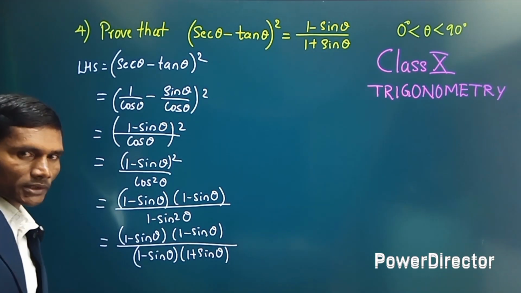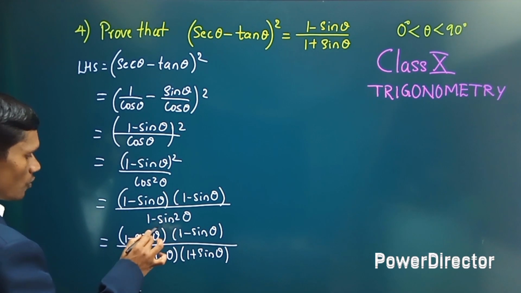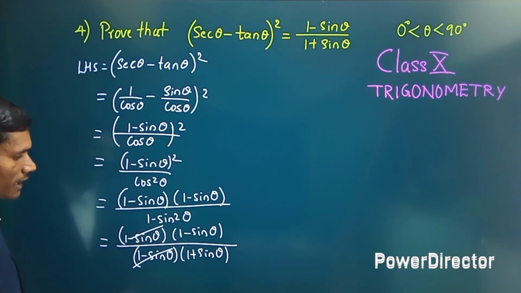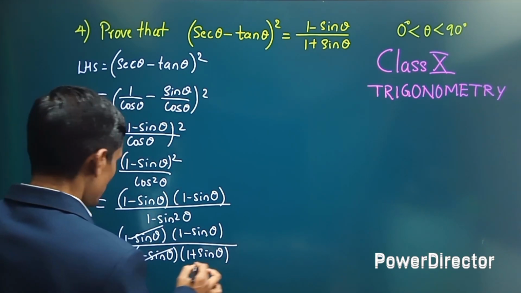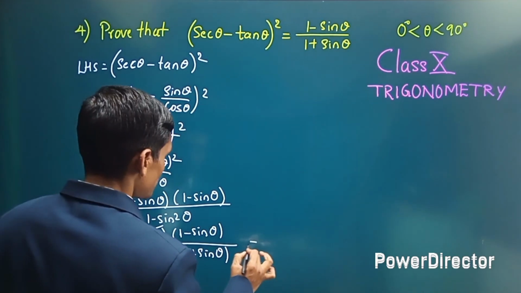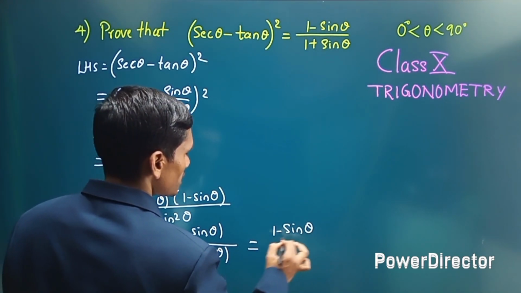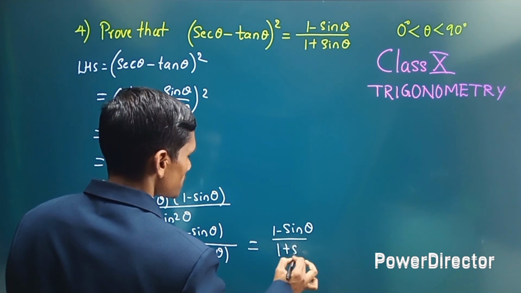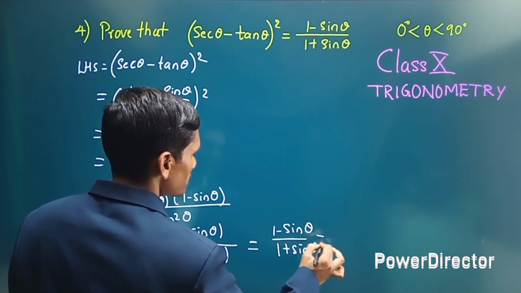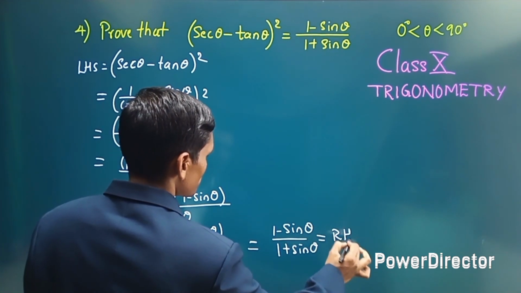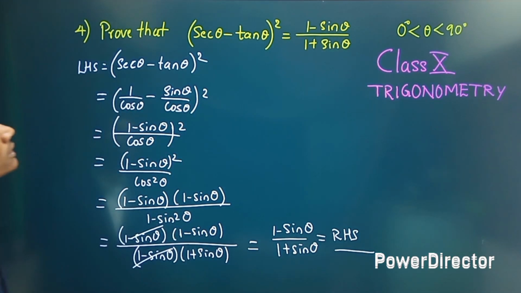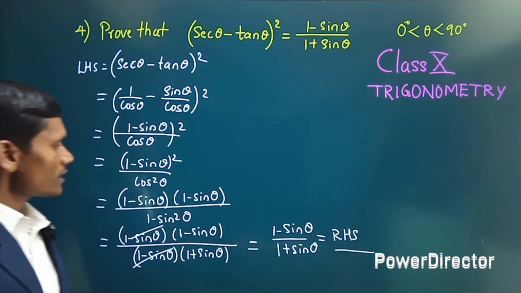So what happens? One (1 minus sin theta) gets cancelled. What remains finally is (1 minus sin theta) divided by (1 plus sin theta). This is equal to RHS. Hence proved. So this is how you need to prove.